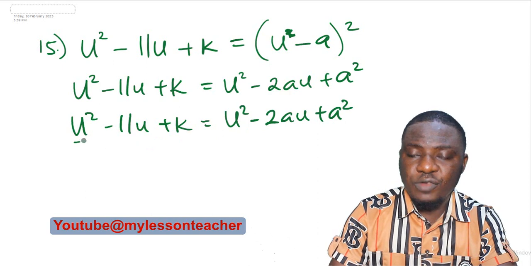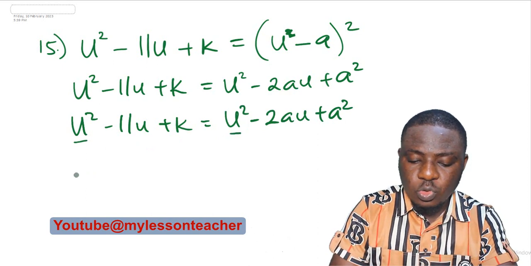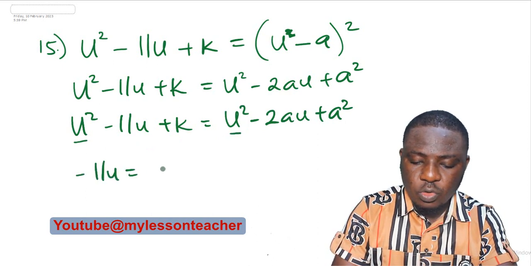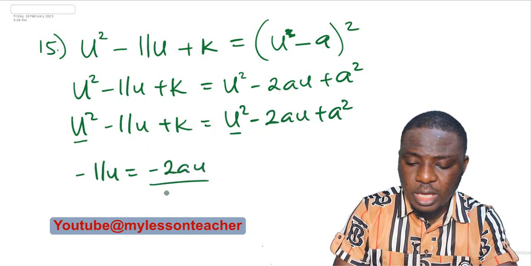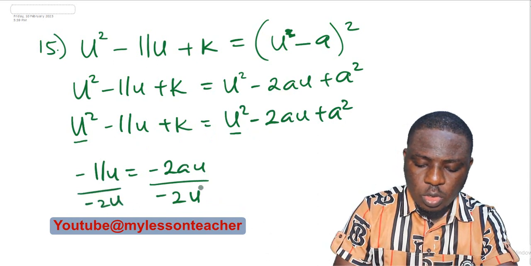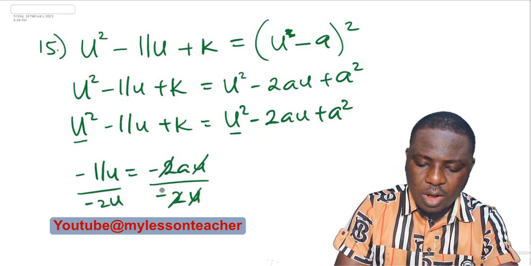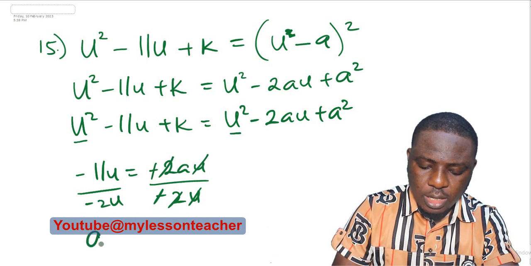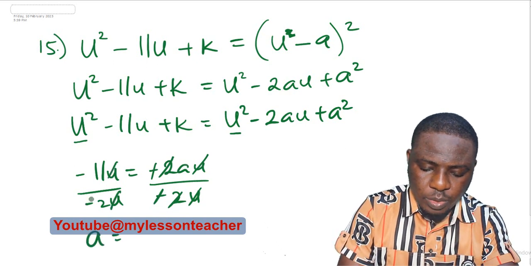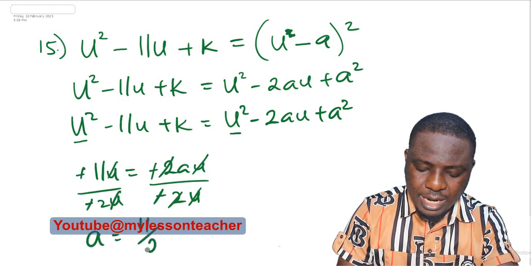Okay, comparing coefficients, u squared is equal to u squared, minus 11u is equal to minus 2au. Solve for a by dividing both sides by minus 2u. You have our value for a to be equal to 11 over 2.